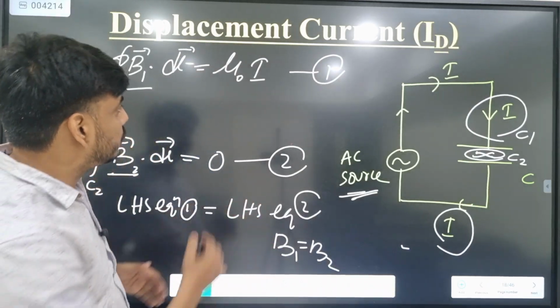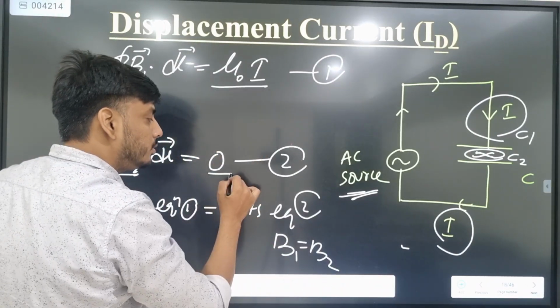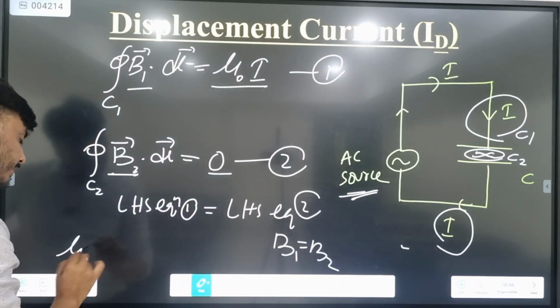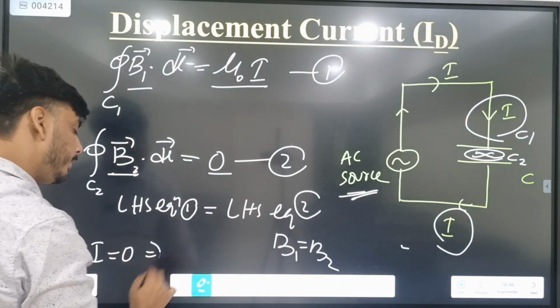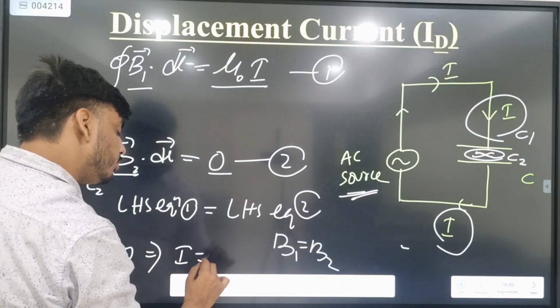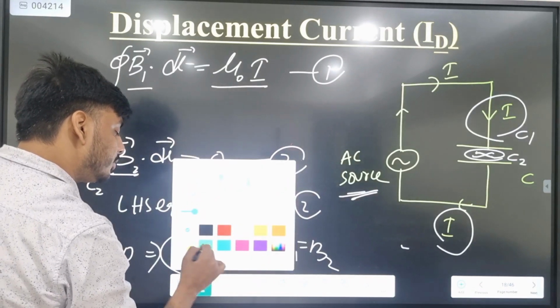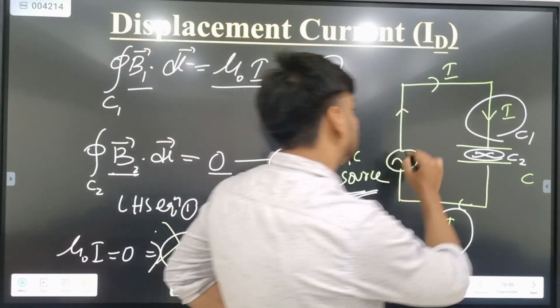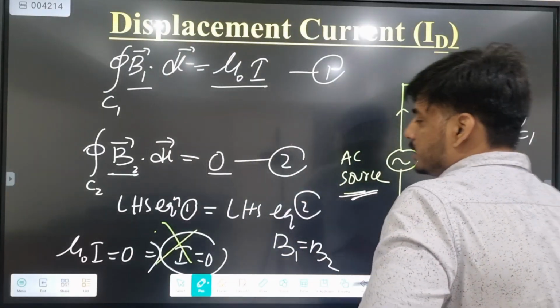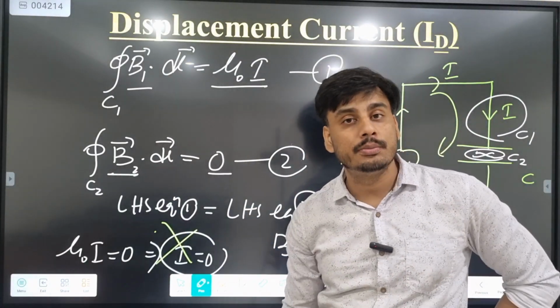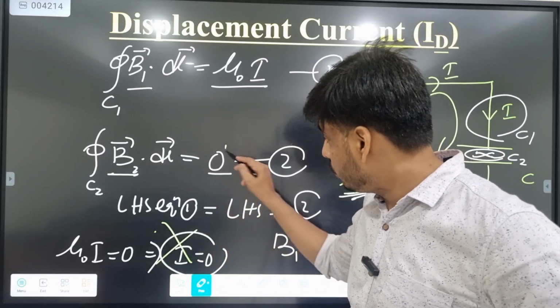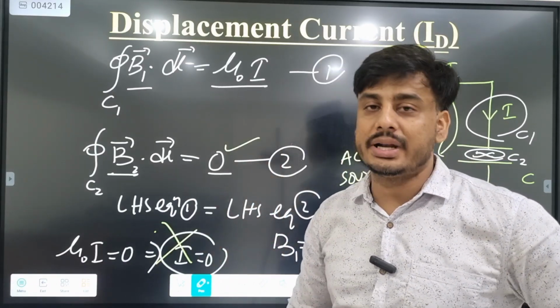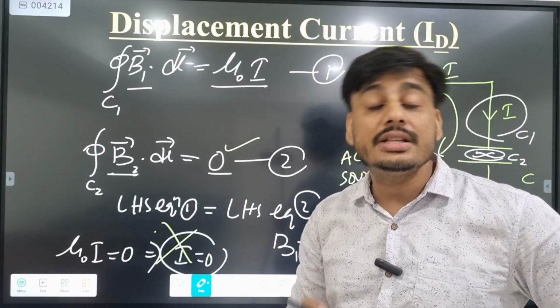If B1 equals B2, then mu naught I must be equal to 0. Mu naught is not 0, that means I equals 0. If I equals 0, this is wrong, because the AC source is there, which means some amount of current is flowing through the circuit. That means our assumption that there is no current in between the two plates is wrong.